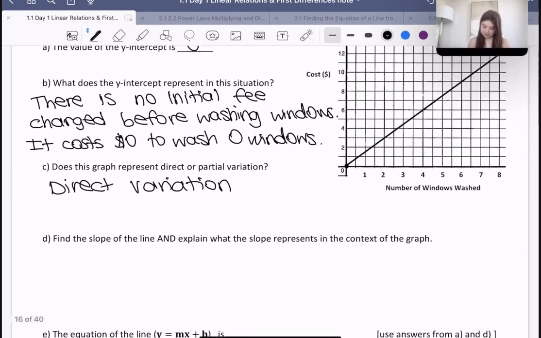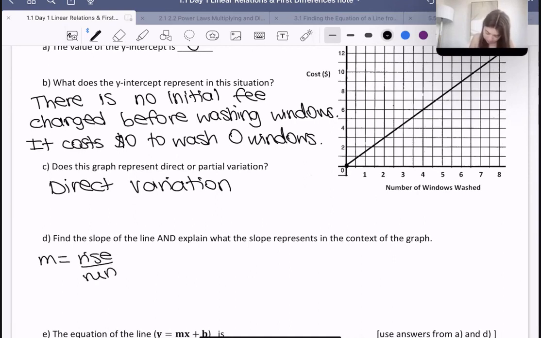Find the slope and explain what the slope represents in the context. Well, let's see. We know that slope is equal to rise over run. So here's our rise, up 3, right? 3 over the run, which is 2. So therefore, it's 1.5. So basically, that represents the cost per window.